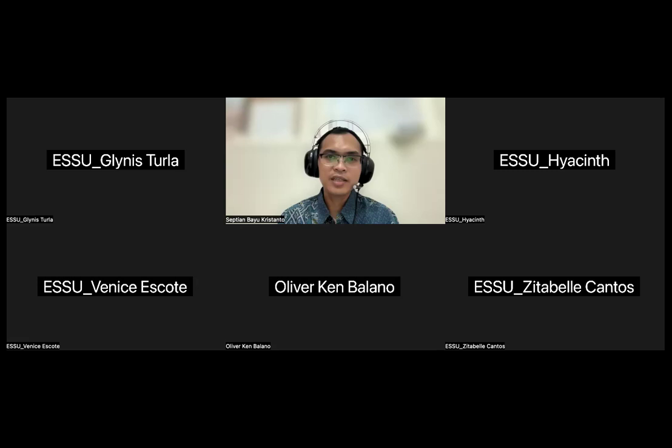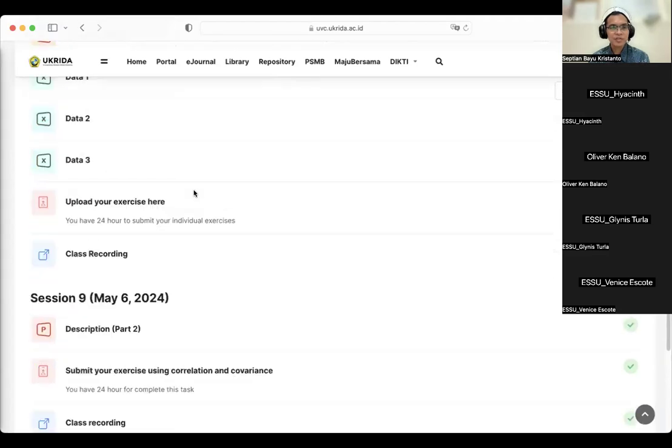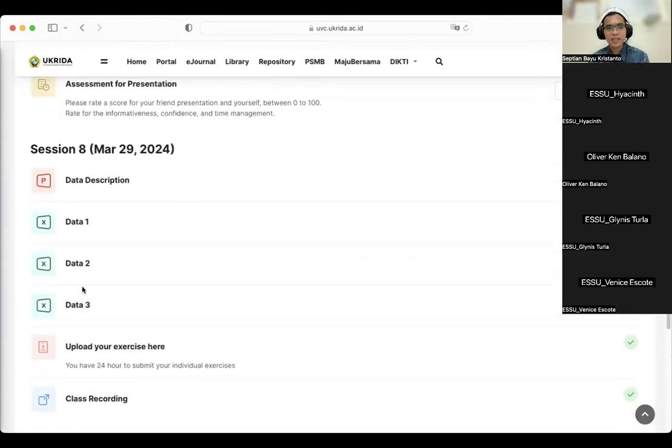So in this case, I close the session for the regression analysis. After this part, you can do your personal analysis. You can do it with our previous data, like these ones. You can use these three kinds of data, data number 1, data number 2, or data number 3, or you can use your personal data.